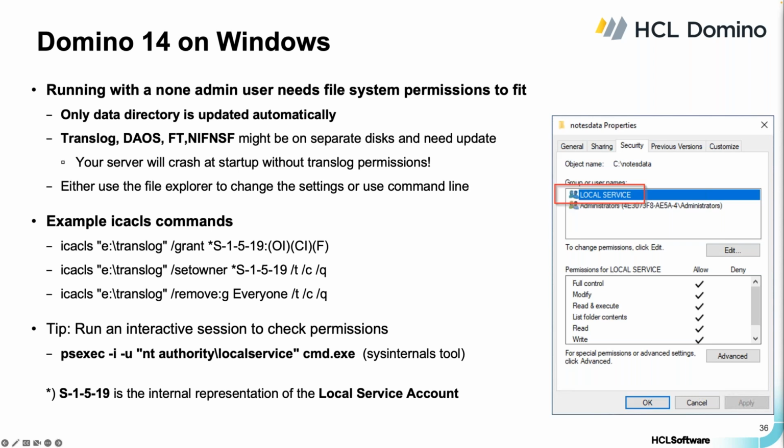It's listed down there. The command you can see there sets the access rights for a user named S-1-5-19, and that is just the internal representation on a Windows platform for the local service account. Keep that in mind. Please also read additional articles in our knowledge base, test that out in your environment. But clearly, that's being done to separate the access rights that Domino has to your platform versus any other applications on your system.